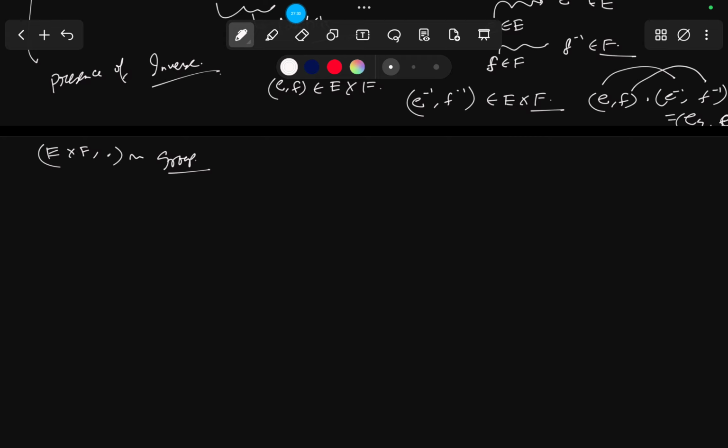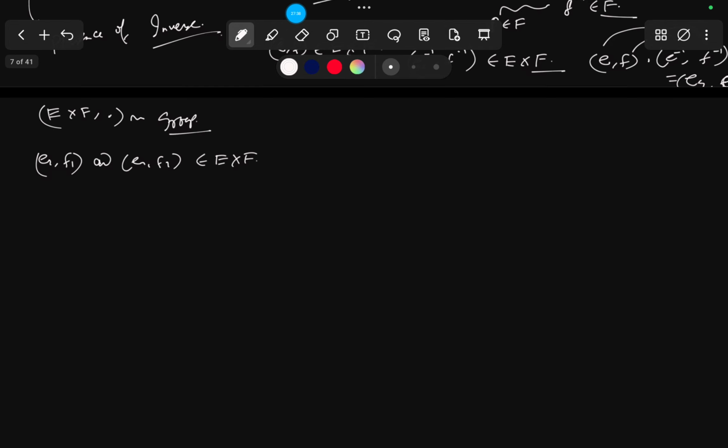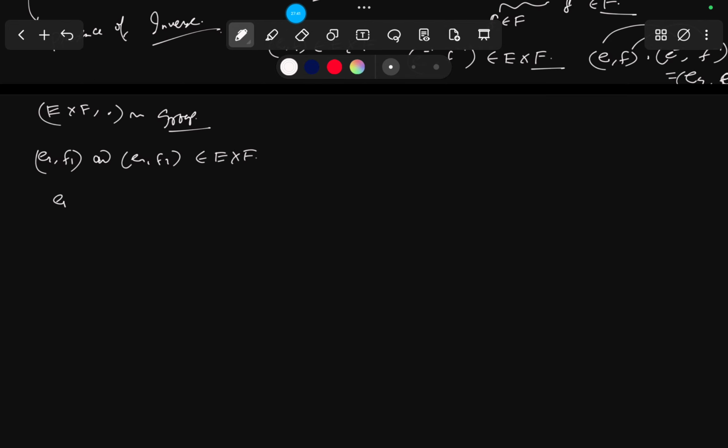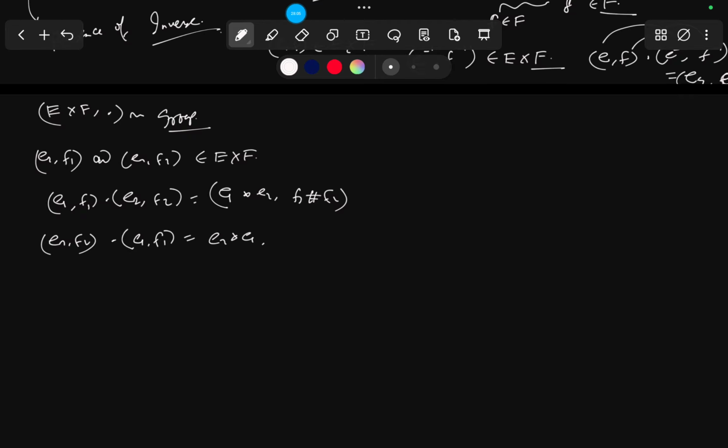Let's say we take (E1, F1) and (E2, F2) belonging to E cross F. Then (E1, F1) dot (E2, F2) is basically (E1 star E2, F1 hash F2), and on the other hand (E2, F2) dot (E1, F1) is (E2 star E1, F2 hash F1).